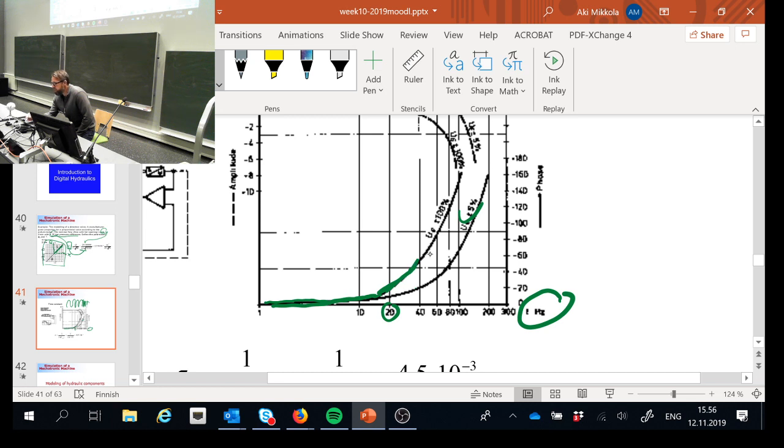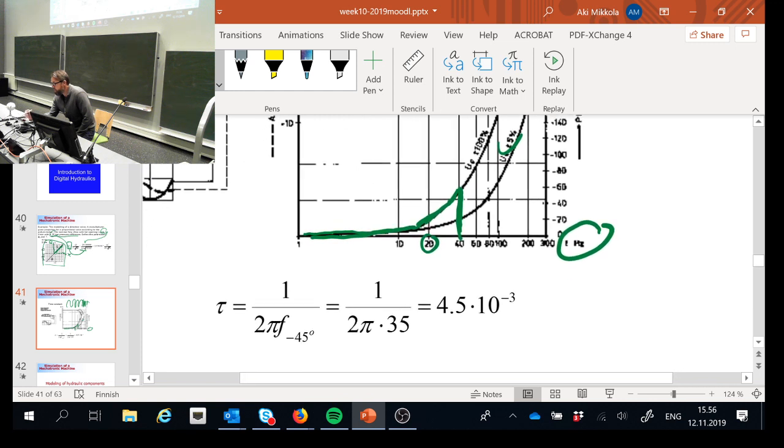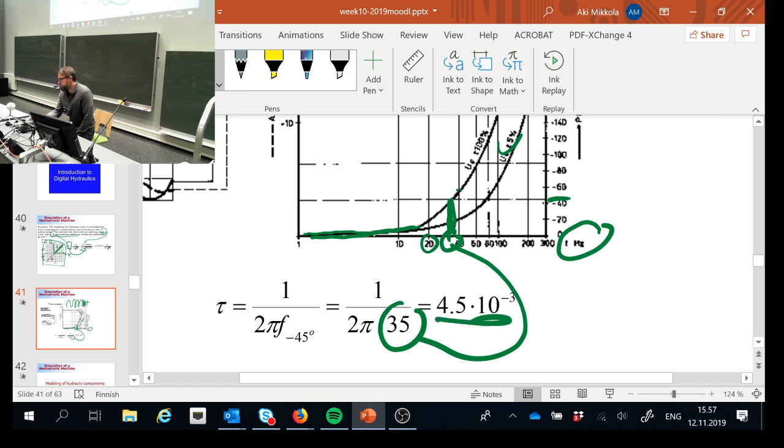At a 45 degree phase difference, roughly somewhere here, the valve is no longer able to follow the input signal. That's the value you take and put here, and this is your time constant. That's all you need in order to create your model.